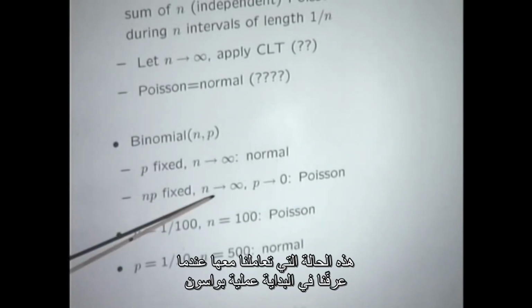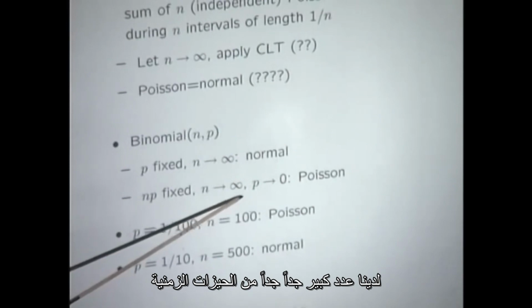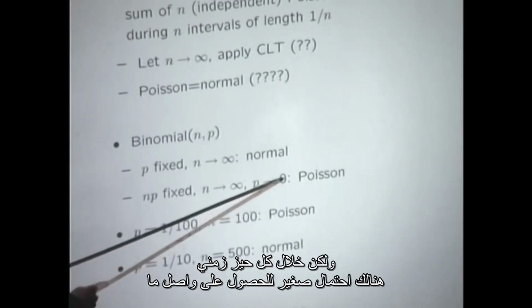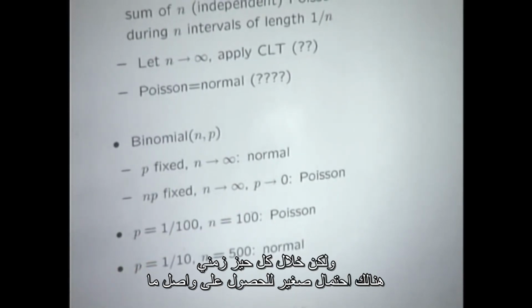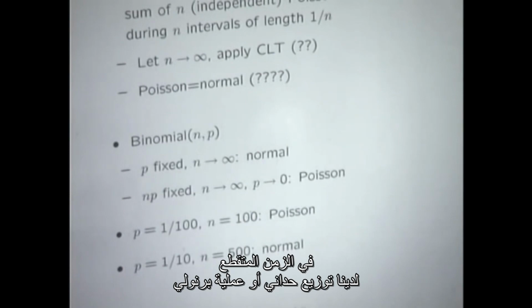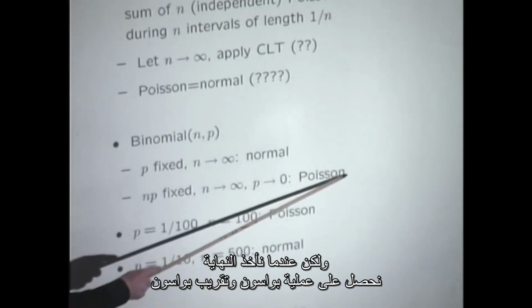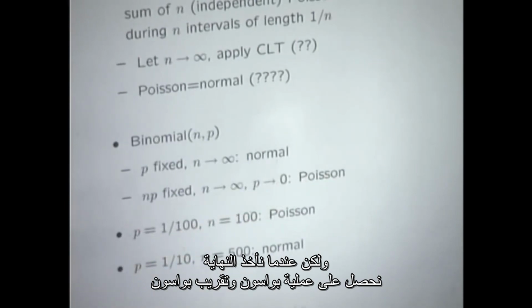This is the situation that we dealt with when we first defined our Poisson process. We have a very, very large number of time slots, but during each time slot, there's a tiny probability of obtaining an arrival. Under that setting, in discrete time, we have a binomial distribution or a Bernoulli process, but when we take the limit, we obtain the Poisson process and the Poisson approximation.